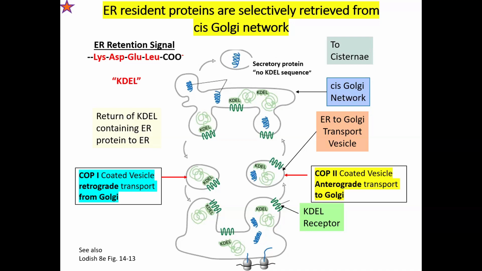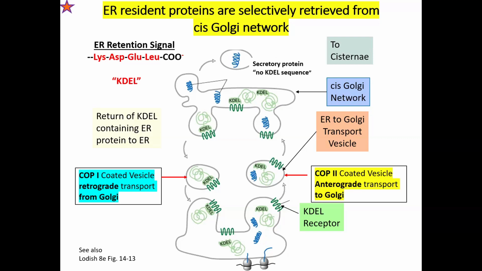So what happens is that in the endoplasmic reticulum, the pH is slightly alkaline, about 7.2. Here it drops to about 6.8, slightly acidic. So in here, there are also KDEL receptors. These KDEL receptors, along with the KDEL proteins, are leaked out from the ER to the Golgi.